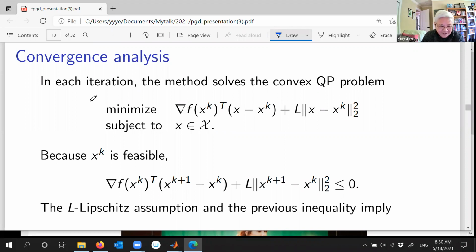So what's the projection? Projection is basically saying, solve this convex quadratic function subject to x in this possibly non-convex set. What's this? Again, it's just the Taylor expansion, the first order, linearized at the point xk. Find an x that minimizes this linear function, also constrained by the Lipschitz quadratic, like a proximal point, kind of a regularization.